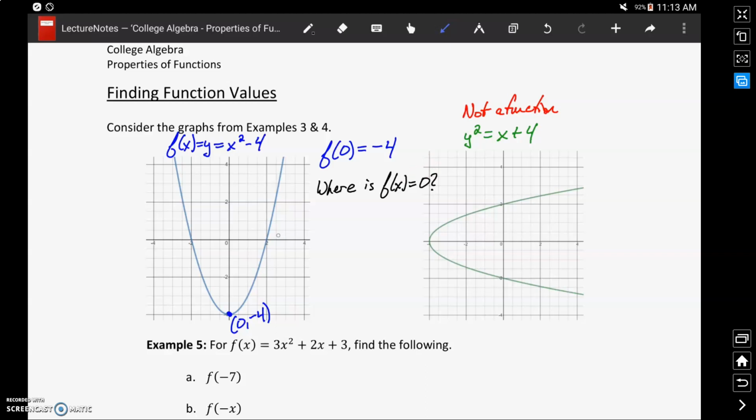So if our function value is equal to 0, meaning our y coordinate is equal to 0, our points have to be somewhere along the x-axis. So what we would be looking for would be, in this case, these x-intercepts at x equals 2 and negative 2. So at f of 2, our function value is 0, and at f of negative 2, our function value is 0. So in answer to that question, it would be x equals 2 and negative 2.